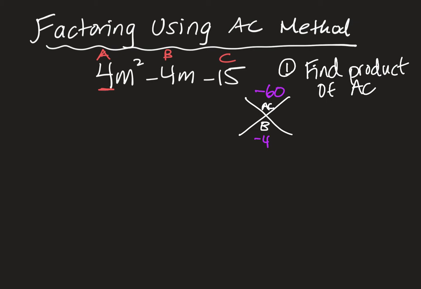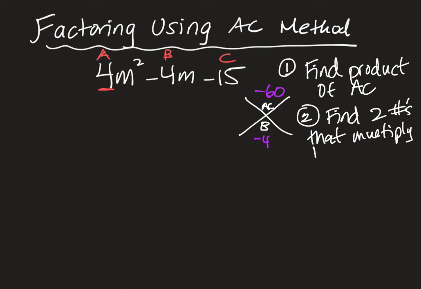My next step is very similar to trial and error, where we look for two numbers that multiply to something and add to something else. We want those numbers to multiply to our AC, and we want them to add to B. It's very similar to when your leading coefficient is 1 and you find two things that multiply to the back and add to the middle.